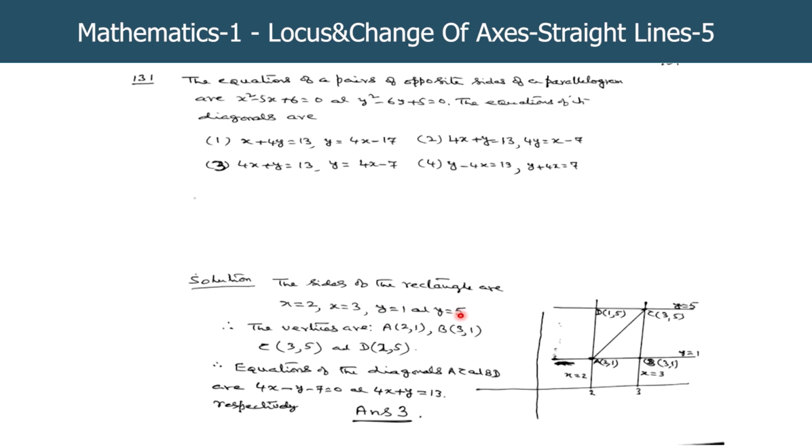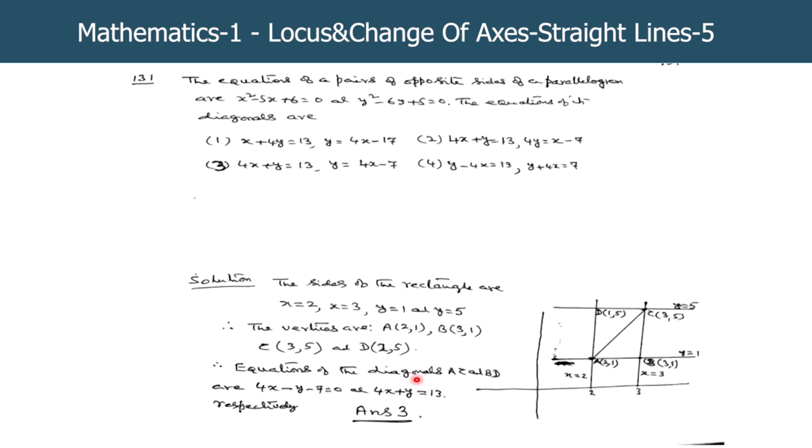Those are horizontal lines. So therefore, the vertices of the rectangle are simply A (2, 1), B (3, 1), C (3, 5), and D (2, 5), while solving these equations. So the equations of the diagonals AC and BD are 4x minus y is equal to 7 and 4x plus y is equal to 13 respectively.